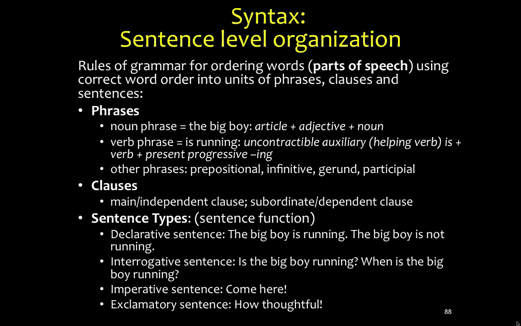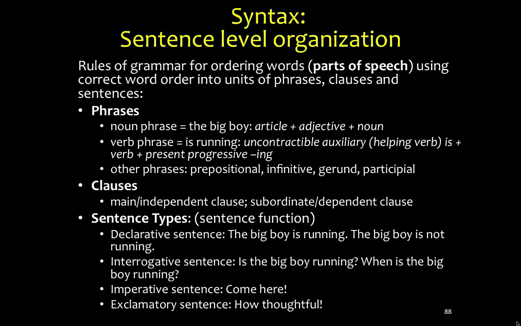So now let's talk about syntax, which is sentence level organization. So we're moving now from the word level to the sentence level, and syntactic rules govern the ways in which words, so now think parts of speech, such as nouns, verbs, adjectives, adverbs, are combined using correct word order to form grammatical units of phrases, clauses, and sentences.